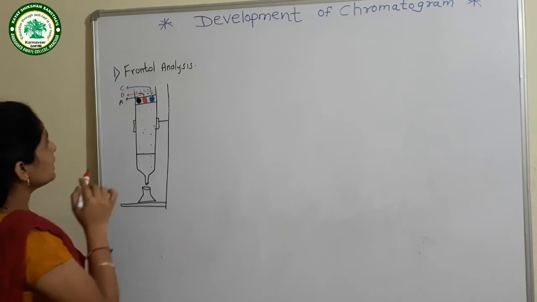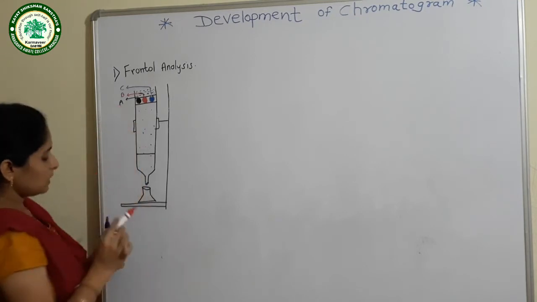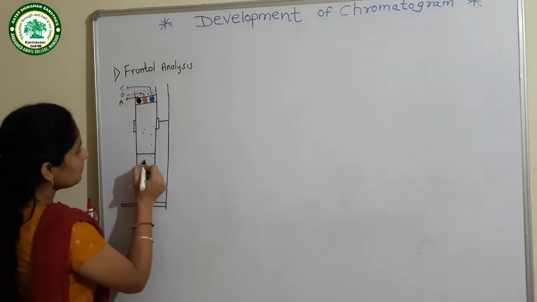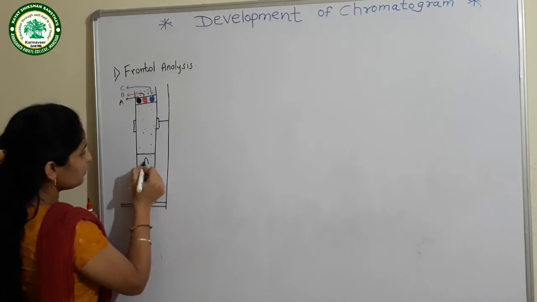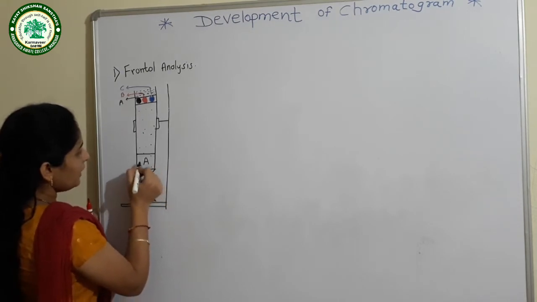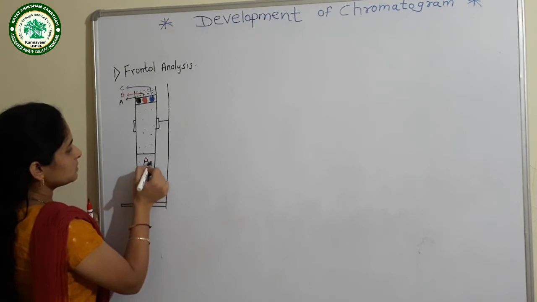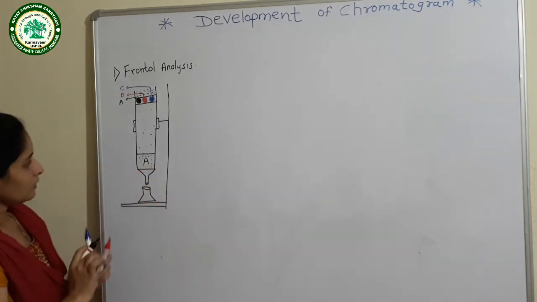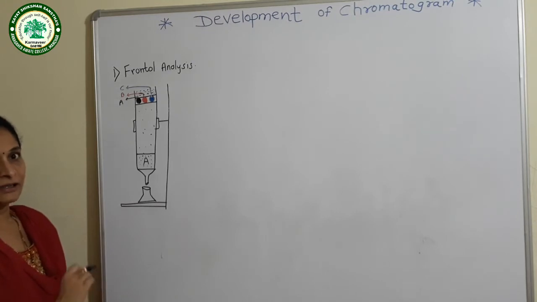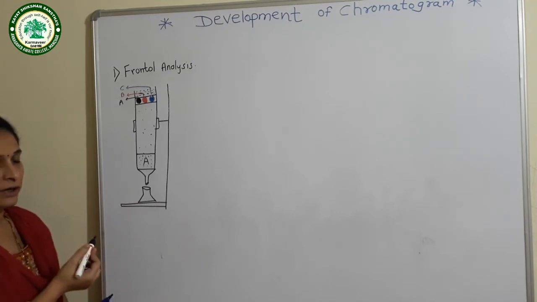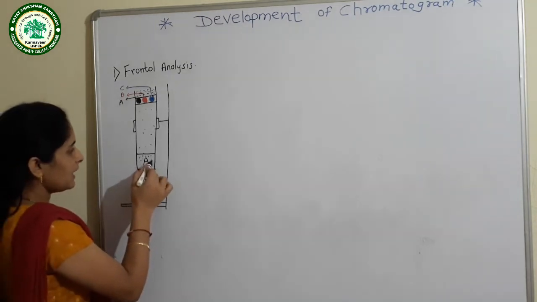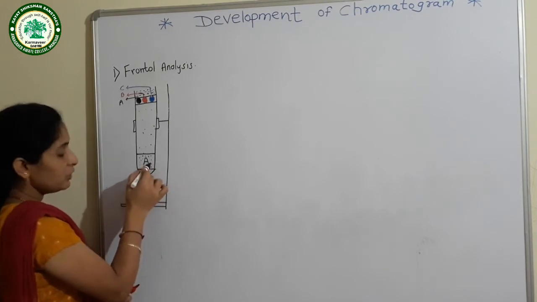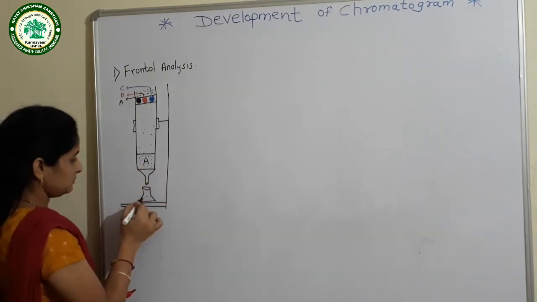Now see, here the black component A has the weak bond with the stationary phase, therefore A will elute first. A component is loosely bonded with the stationary phase, so it gets eluted first.